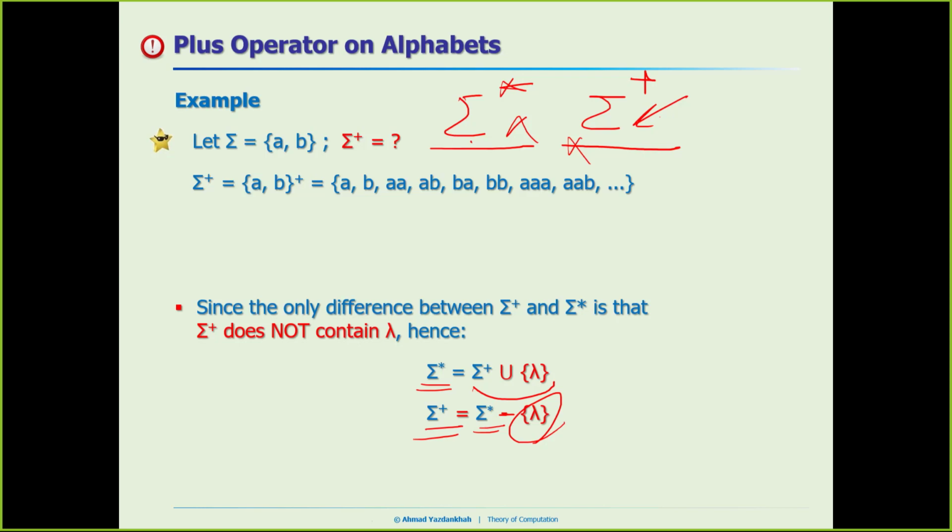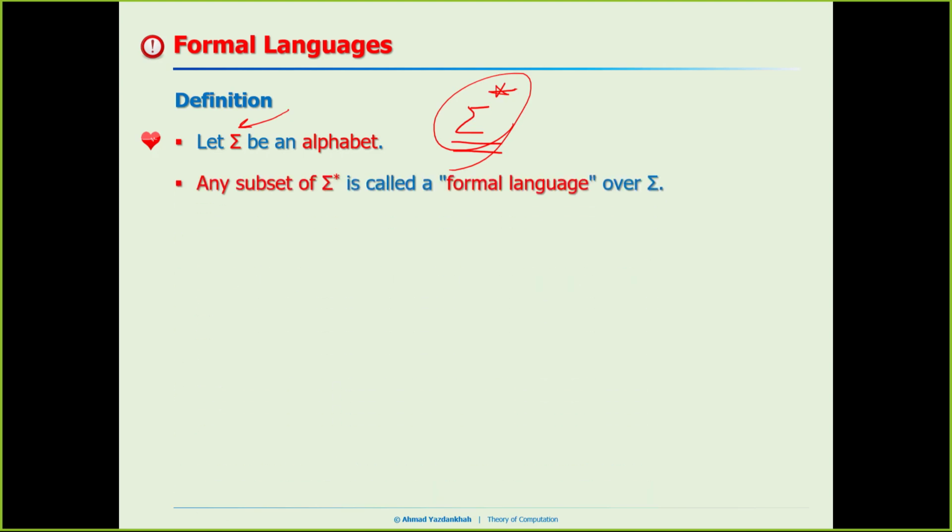I think we are ready to define formal languages. Let's say that sigma is the alphabet, and when we have sigma, we can create sigma star. Remember, sigma star is all possible strings that you can create with the symbols of sigma, right? Now we say any subset of sigma star is called a formal language.